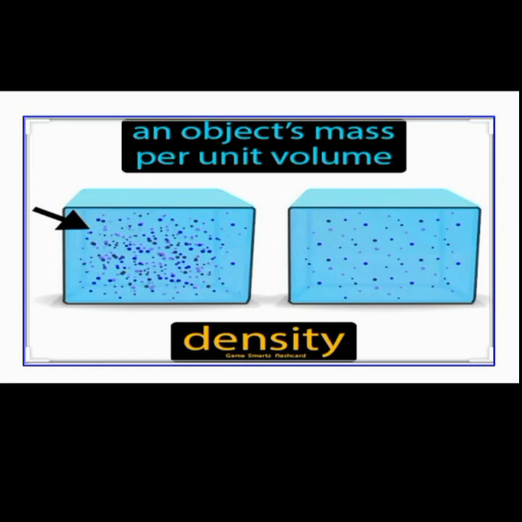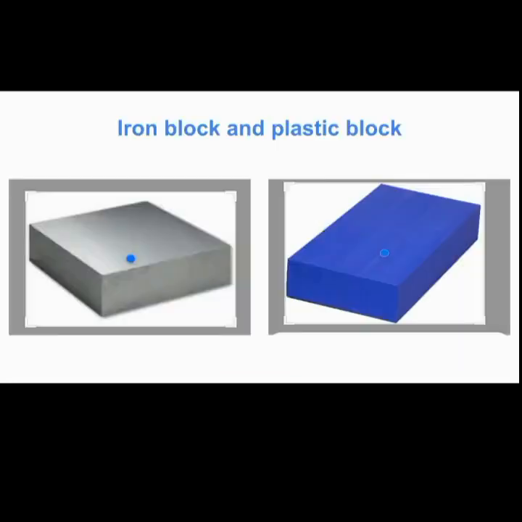Now let's take an example. An iron block and a plastic block of same size we are taking. So say equal volume of an iron block as well as plastic block we are taking. Which is having more weight, iron block or plastic block? Of course, iron block. Iron block is having more mass.